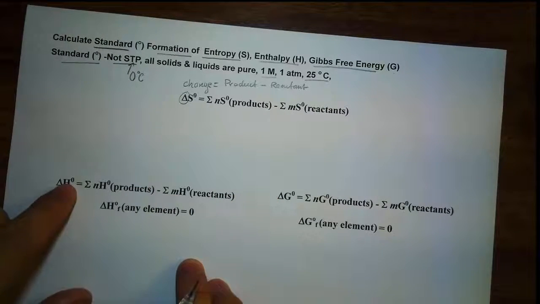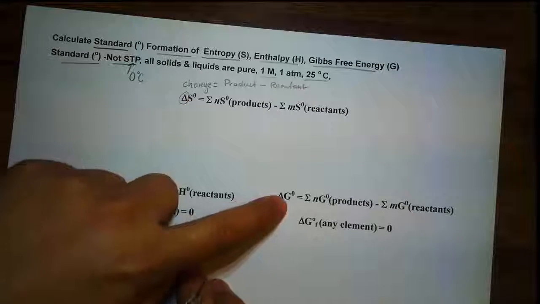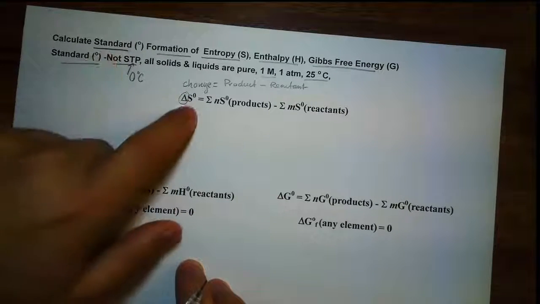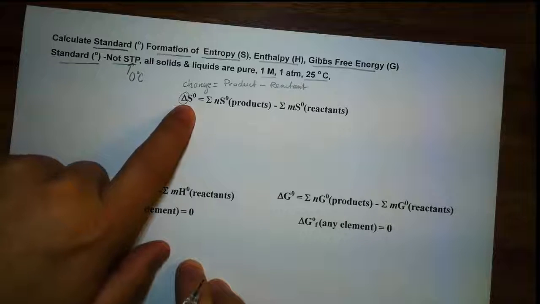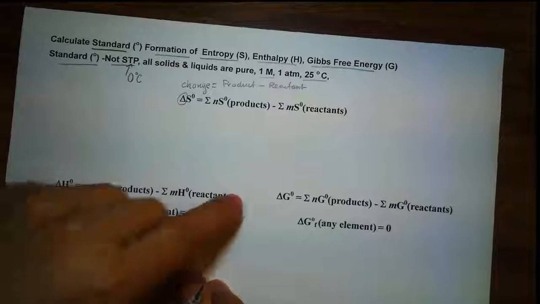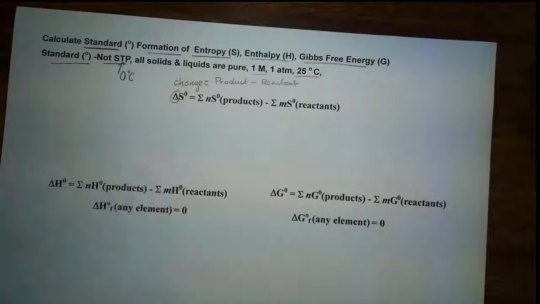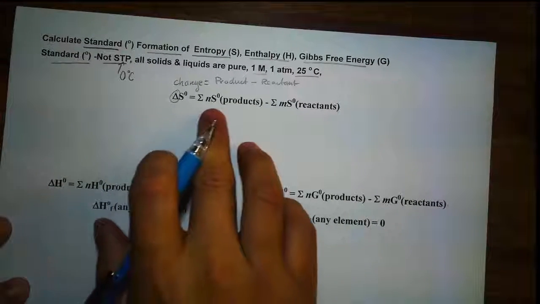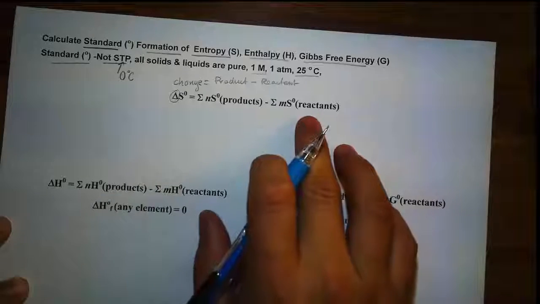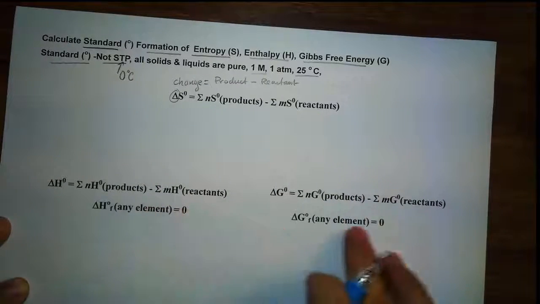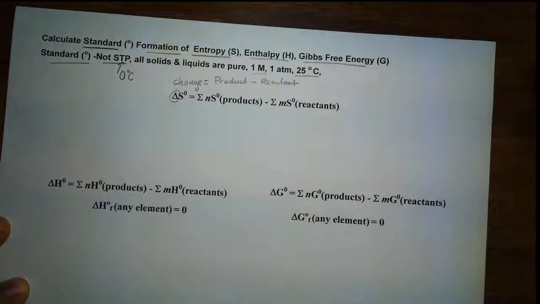And look at the little circle on top, that superscript tells you that you are calculating at standard conditions. In this case, standard entropy, standard enthalpy, and standard Gibbs free energy. And the equation is pretty much the same: you take the sum of the products minus the sum of the reactants for all of them, except for one thing that's different.